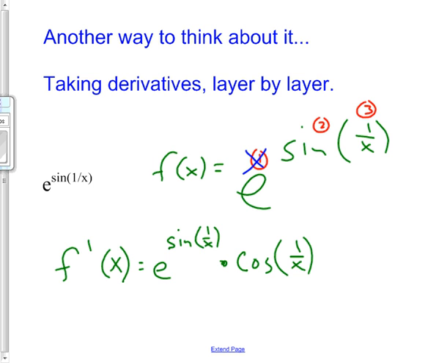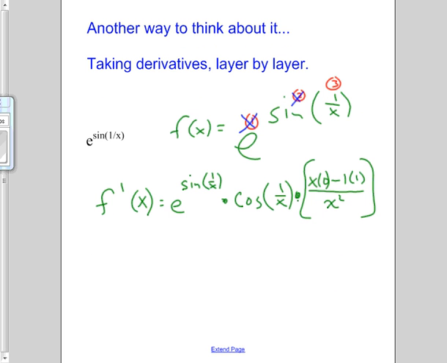And so that takes care of that. And then we take care of our third one. Well, derivative of times the derivative of 1 over x, it's a quotient. So low d high minus high d low all over low squared.